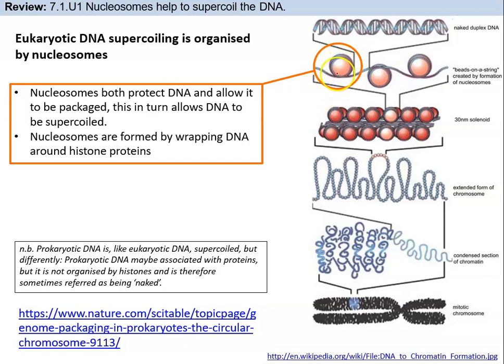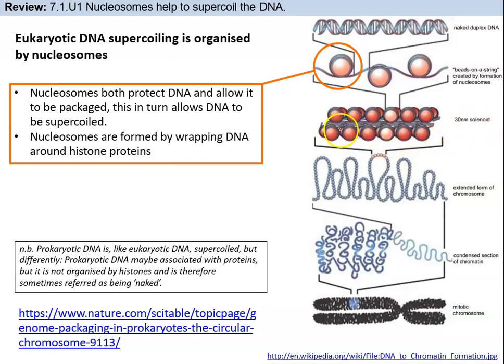And these nucleosomes make another structure by becoming more condensed and more complex, that is called the 30 nanometer solenoid.